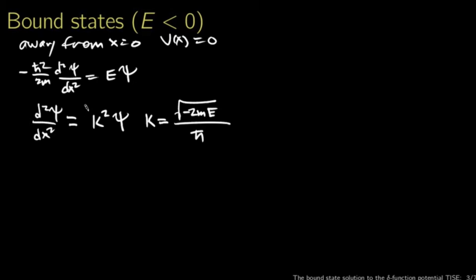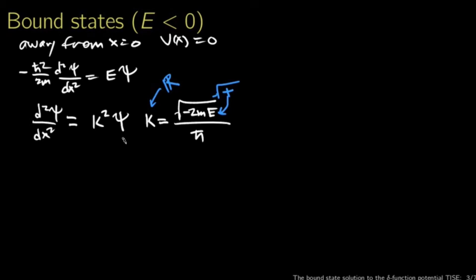To make the signs clear here, energy is negative, so what we're actually looking at is the square root of a positive number. We've got a negative energy, positive mass, and a negative from the minus sign, so the quantity under the square root is positive, and our k constant is going to be real.